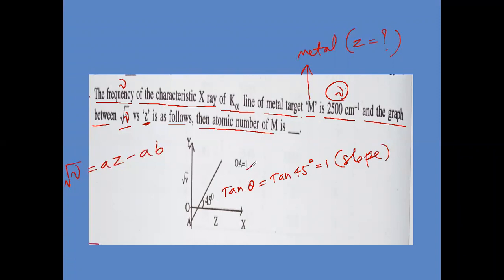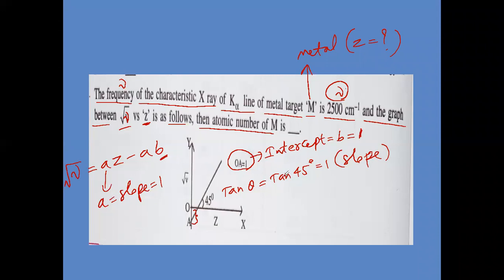And what is the intercept here? OA is the negative intercept. Intercept B is given as 1. A is the slope, which we got as 1. And B is the intercept, given as 1.